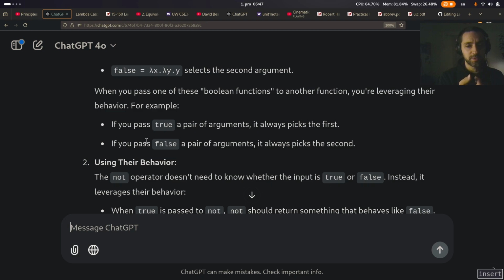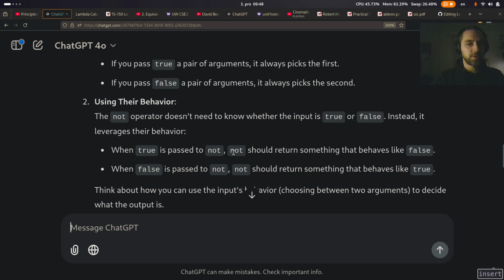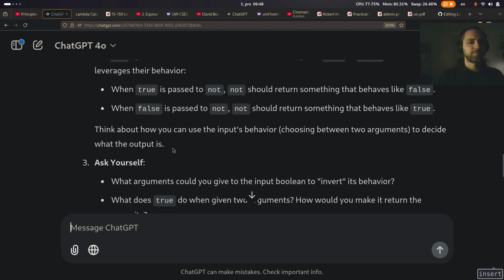If you pass false a pair of arguments, it always picks the second. So using their behavior, the not operator doesn't need to know whether the input is true or false. Instead, it leverages their behavior. When true is passed to not, not should return something that behaves like false. And when false is passed to not, not should return something that behaves like true.